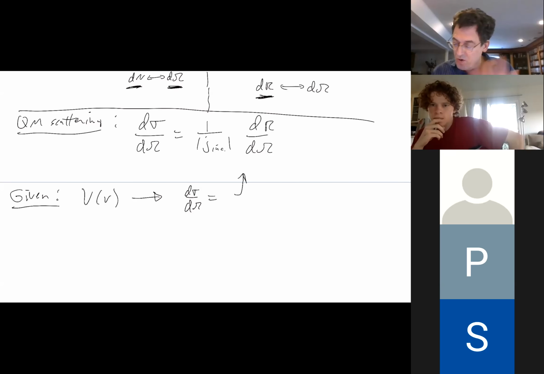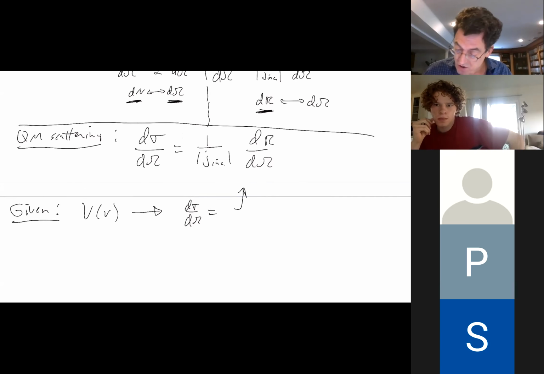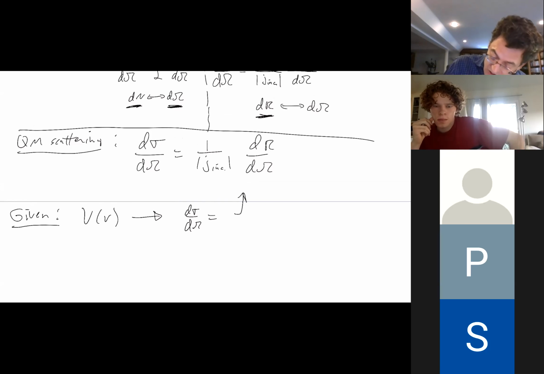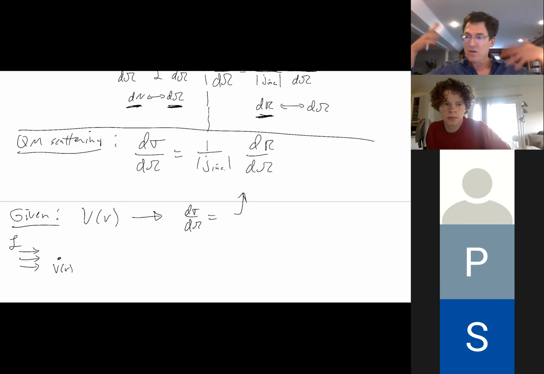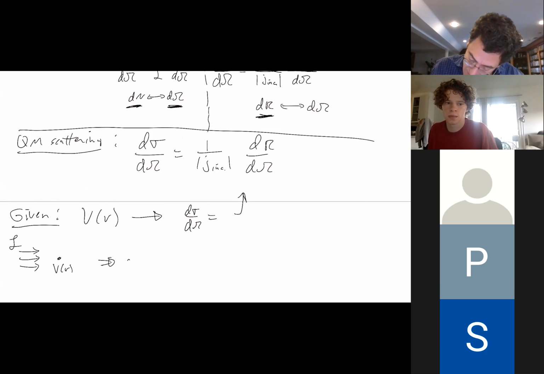And then I could say, well, suppose I shot a bunch of particles with some luminosity at this potential, and I could say how many particles go into a certain solid angle. How many particles do I expect to go into my detector?